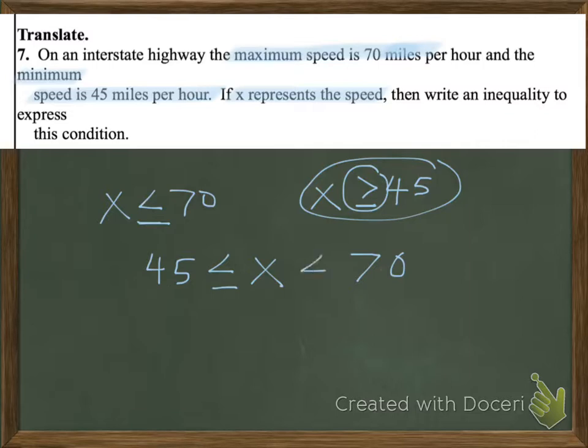Yeah, it's less than or equal to 70. So here, we just wrote an inequality to represent all the speeds in between 45 miles per hour and 70 miles per hour. Okay, and we're not going to graph this one because we've done a lot of graphing on that, but you would graph this. Would it have a gap or no? Yeah, very good, Gracia. It does not have a gap because this is an and statement.